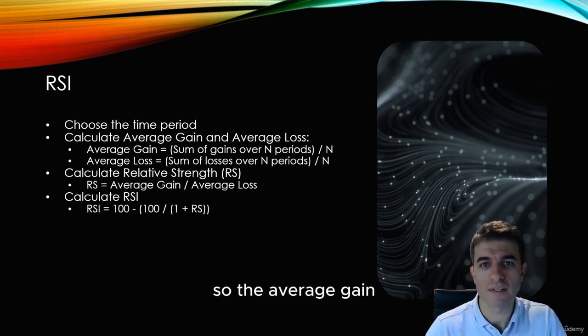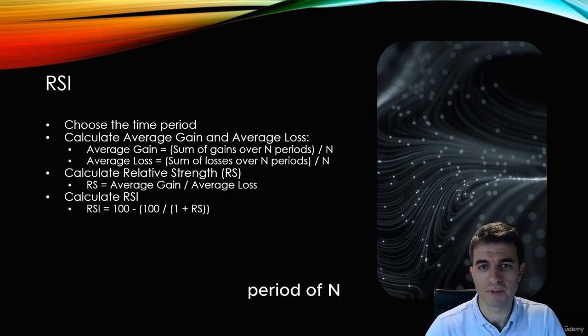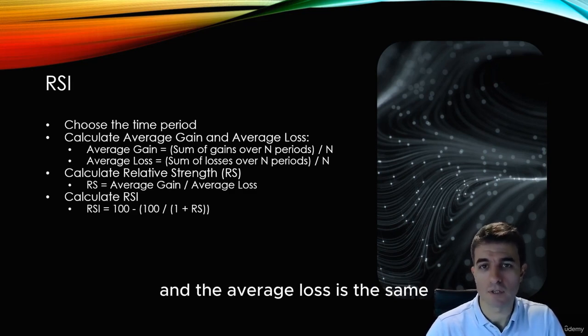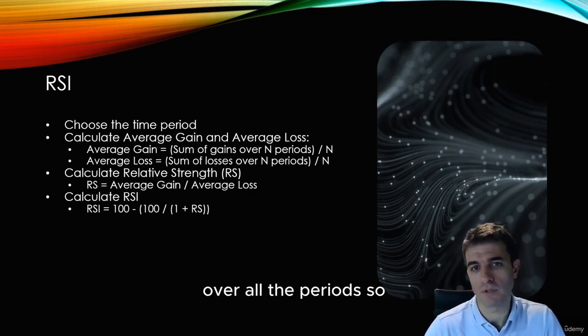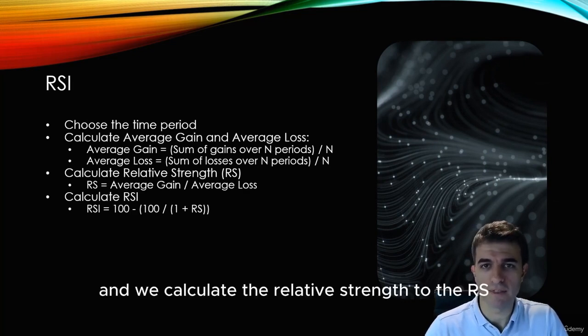The average gain is equal to the sum of gains over the period of n divided by n, the period, and the average loss is the same, so it's the sum of the losses averaged over all the periods.